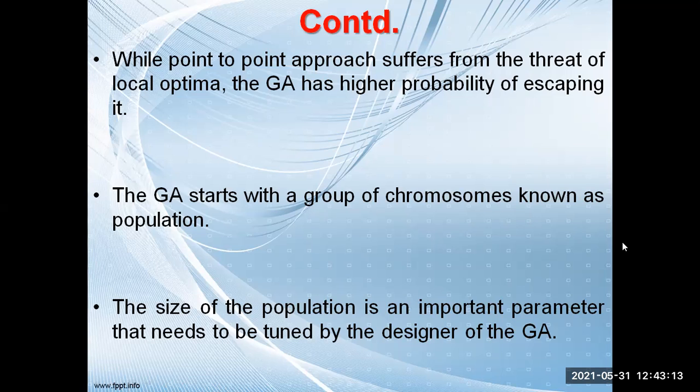Okay, so the GA starts with a group of chromosomes known as the population. As we have discussed, there is a set of solutions, and with the help of those, it will start the operation. We don't know what the solution is. Sometimes in a numerical problem, suppose a problem is given and you are asked for certain parameters, we normally assume the value of that solution to be x, and then we start calculating, and finally we get the value of x.